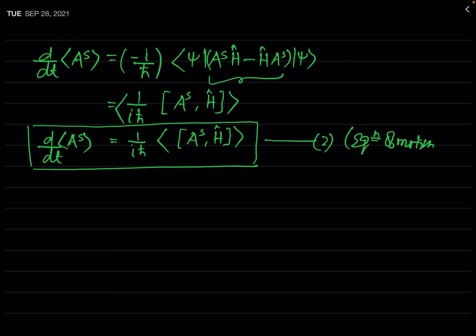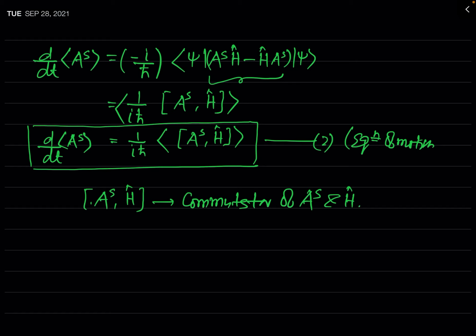So you can say that AS comma H hat is the commutator of AS and H hat.